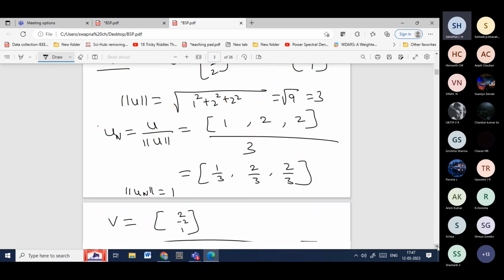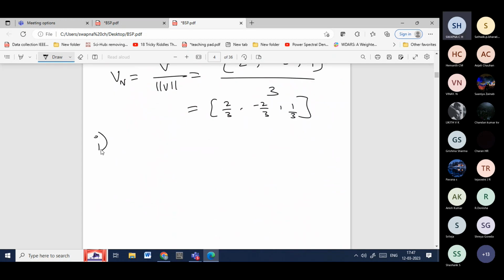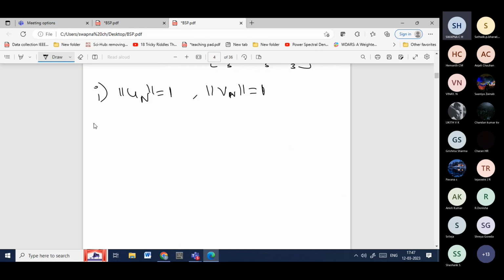Orthonormal vectors means the first condition: the length of un is 1, and the length of vn is also 1. What is the second condition? The dot product between un and vn should be equal to 0.